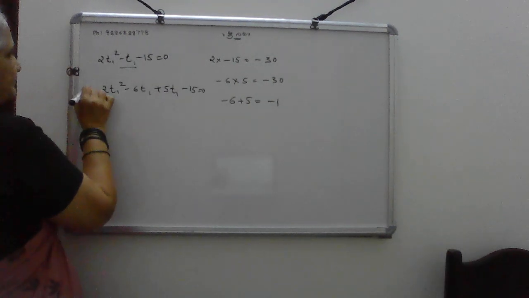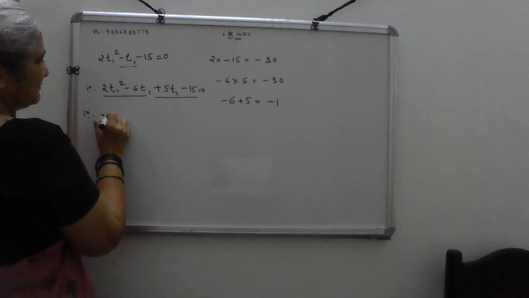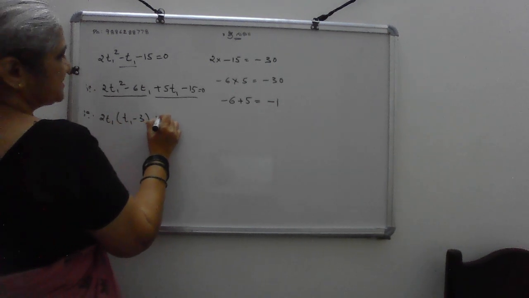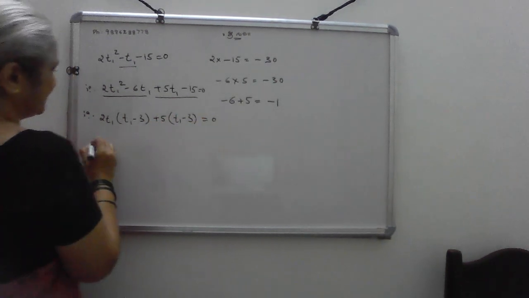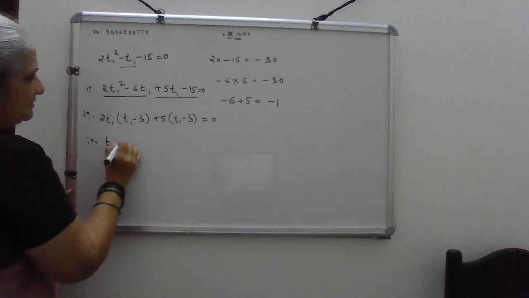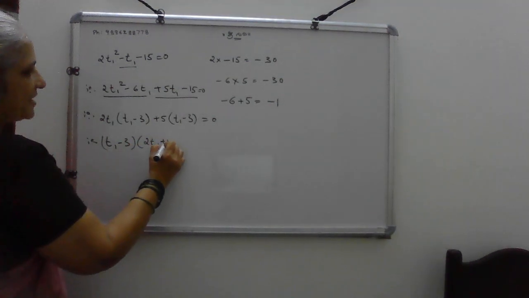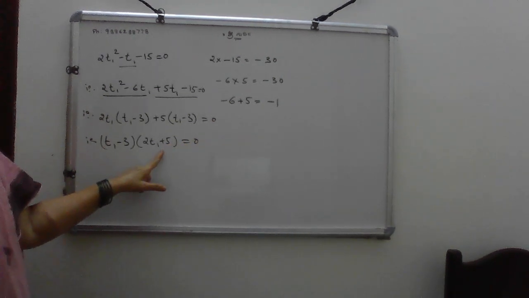That is, by grouping, 2T1 into bracket T1 minus 3 plus 5 into bracket T1 minus 3 is equal to 0. That is, T1 minus 3 into another bracket 2T1 plus 5 is equal to 0. Here either this factor is 0 or this factor is 0.